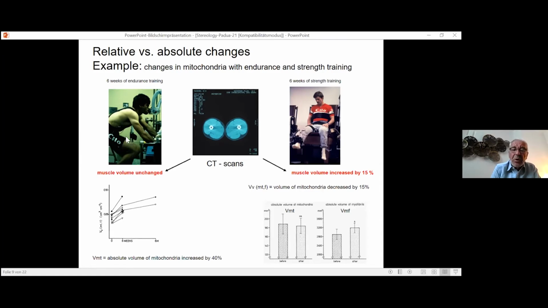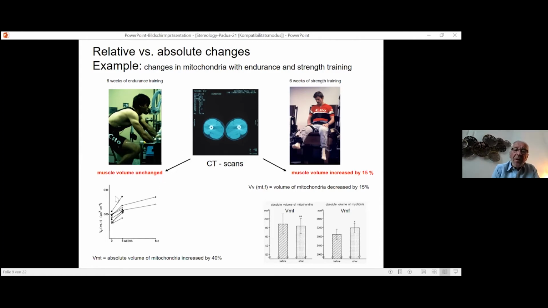If you do endurance training and you measure muscle cross-sectional areas or muscle volume by MRI or any other technique that works, then you will see that in adult humans, male humans at least, muscle volume doesn't change with endurance exercise training.